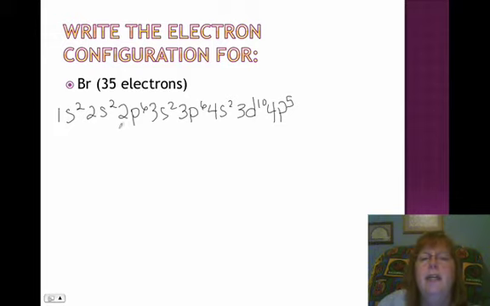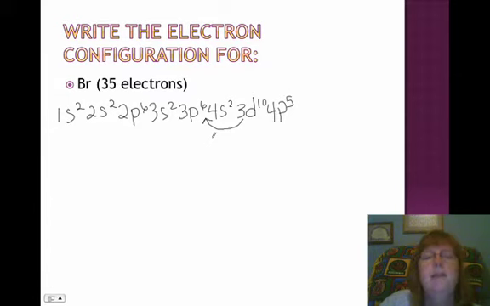One note here, another method to write this would be to put the 3d prior to the 4s, and there are some advantages to writing it that way as well. I always tend to write it in the order that I fill the orbitals, and the 4s orbital is filled before the 3d orbital.